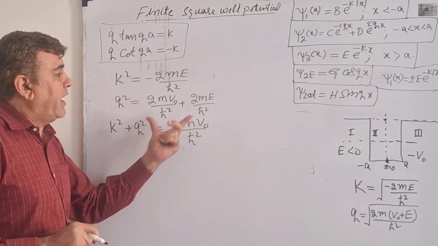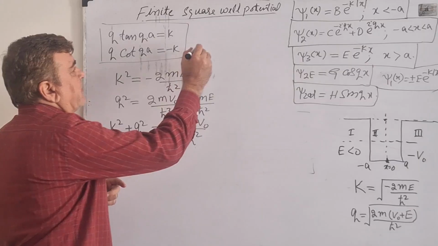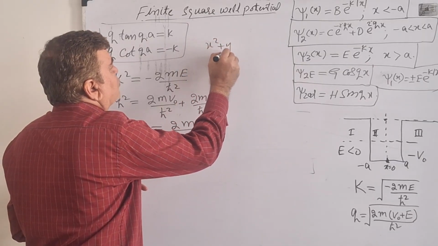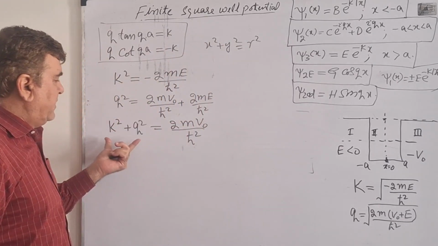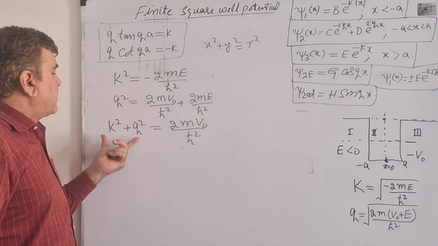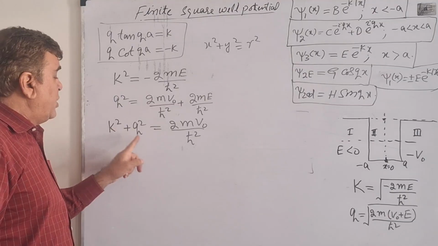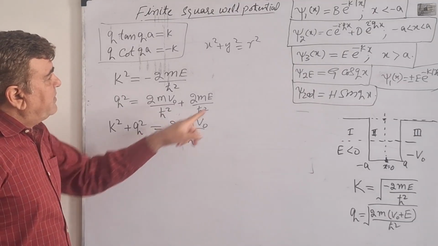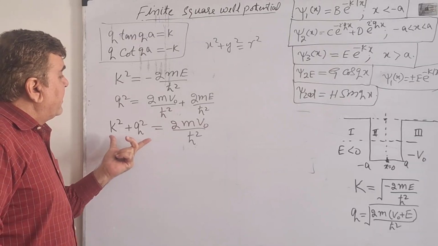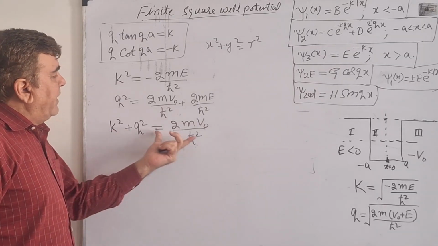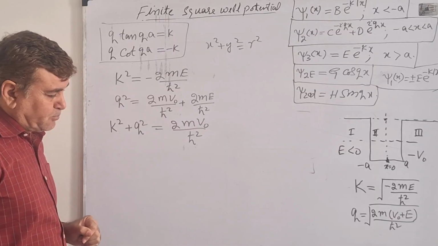Because the equation of a circle is of the form x squared plus y squared equals r squared. This is in the Cartesian coordinate plane. In here we have the energy spectrum plane, the kq plane. So we say that the radius of the circle in the kq plane is the square root of this thing.